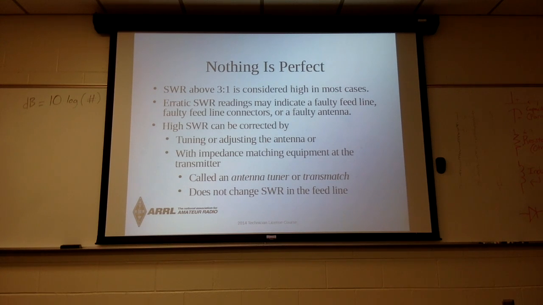If you have high SWR, there's some things you can do to fix it. SWR mismatch can also exist between the antenna and the feed line, which is usually what happens. You're usually going to use a 50 ohm radio with a 50 ohm feed line, but your antenna might not be 50 ohms. So there's also going to be some reflections there, but you can tune your antenna by adjusting the length or the height or whatever.